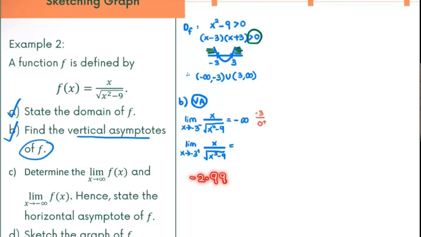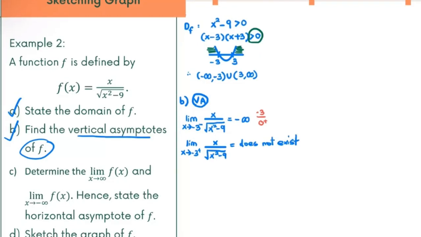Okay, ataupun nak buat negative 2.9 pun boleh. But the thing is, when we squared negative 2.99, kita akan dapat nilai yang lagi kecil daripada 9. So that's result with a square root of negative value. Okay, so square root of negative value kita tak boleh kira dia akan jadi complex number kan. So that means yang bawah ni dia tak akan ada nilai. So therefore dia akan jadi does not exist.